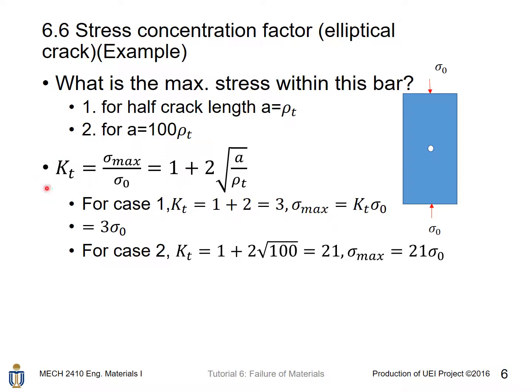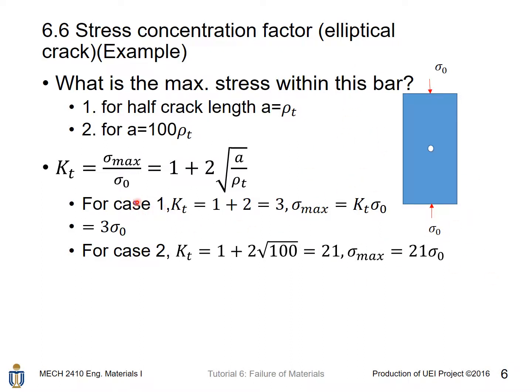By definition, Kt is equal to sigma maximum over sigma log. Sigma maximum is the maximum stress within this bar, and sigma log is the applied normal stress. Kt is equal to 1 plus 2 square root of a over rho t.